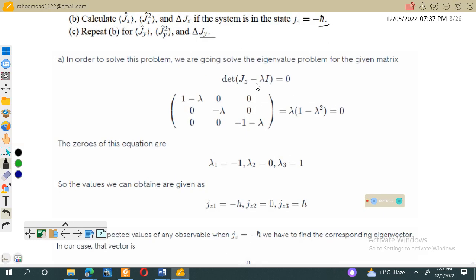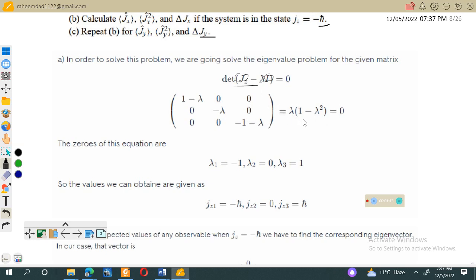Okay, if we solve this matrices by obtaining its characteristic equation, determinant of Jz minus lambda I is equal to 0. Jz matrix is given, lambda is some constant eigenvalue, I is the identity matrix. So this will give us 1 minus lambda, 0 minus lambda, this should be equal to 0 for linear independence value.